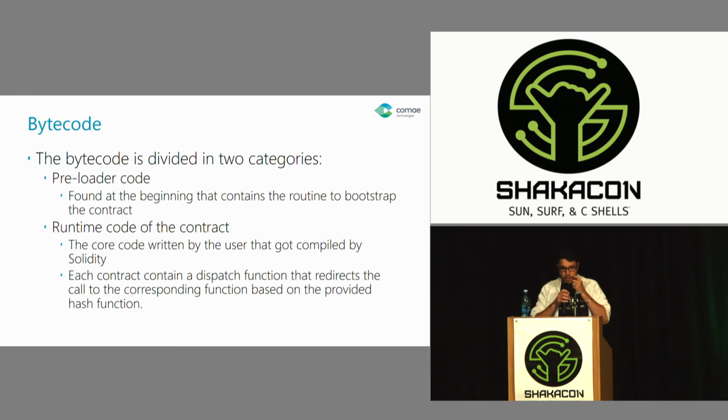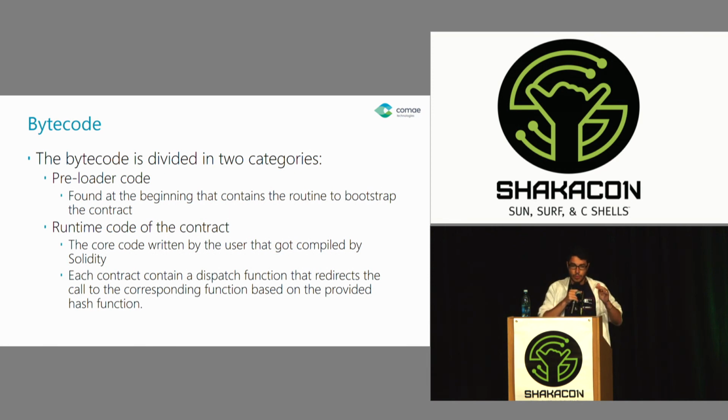The preloader, like the name says, can be found at the beginning of each contract and is in charge of bootstrapping the contract. It contains the actual size of the runtime code and is going to copy it in memory. And then the runtime code of the contract starts at instruction address 0, offset 0.